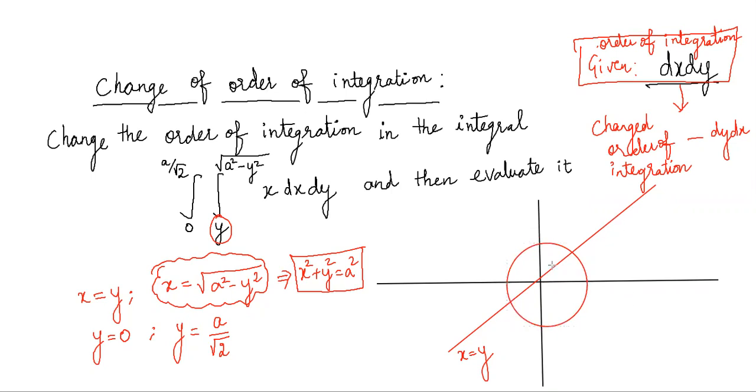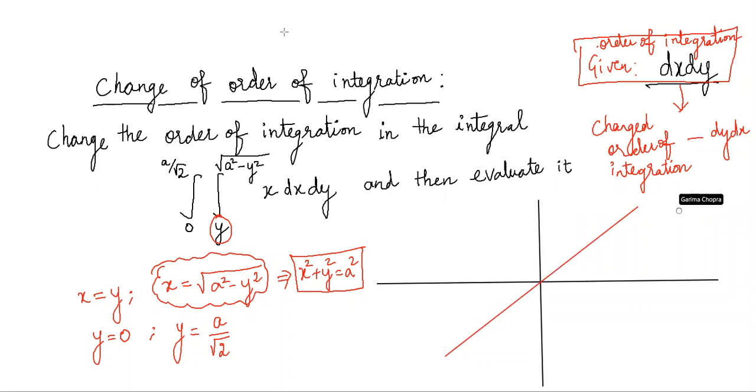Here, this line should pass through the origin. If we redraw this line, it should pass through the origin. Let us consider now the circle. This is a circle.